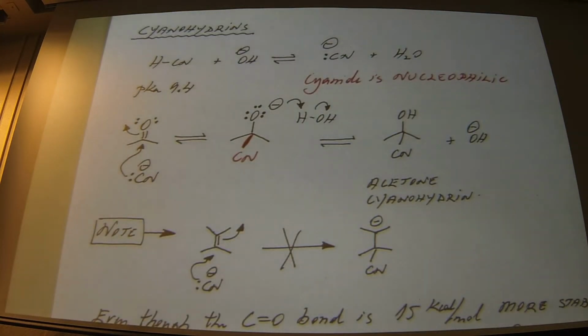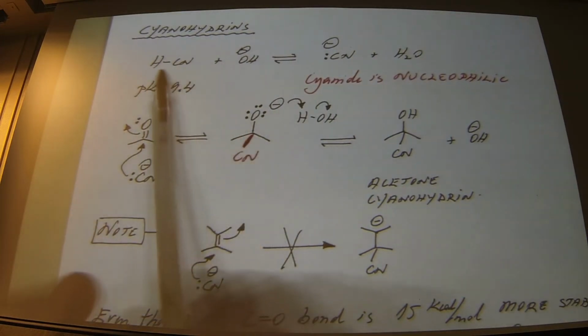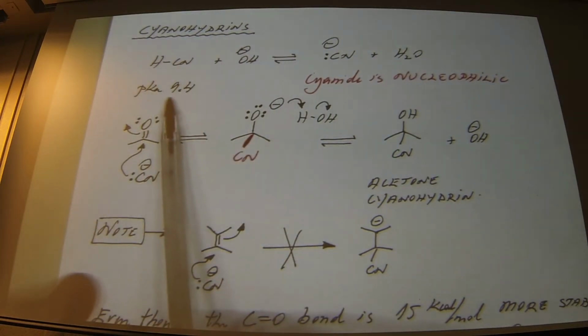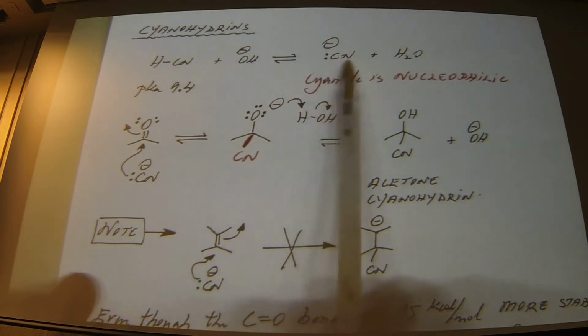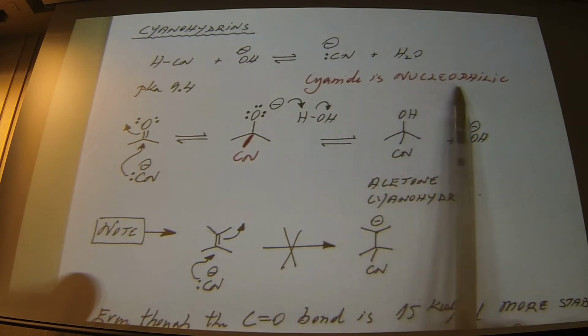It turns out cyanohydrin, in addition to aldehydes and ketones, is also used for making acids and amino acids, but that's another story. So, hydrogen cyanide is a fairly weak acid, which means its conjugate base is a fairly strong base, and a good nucleophile.